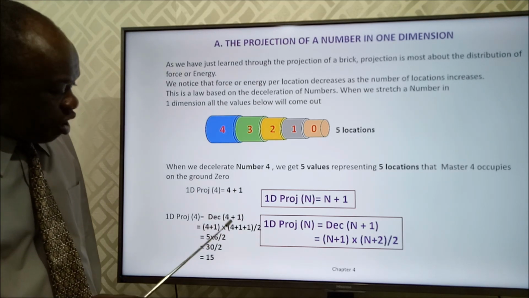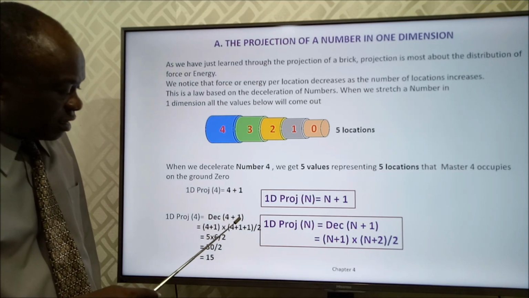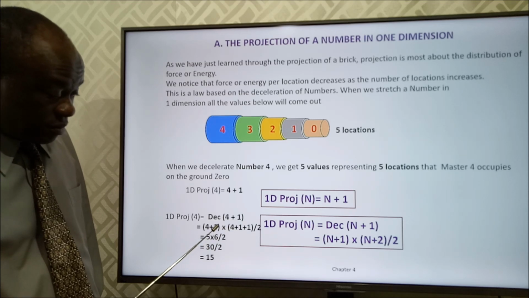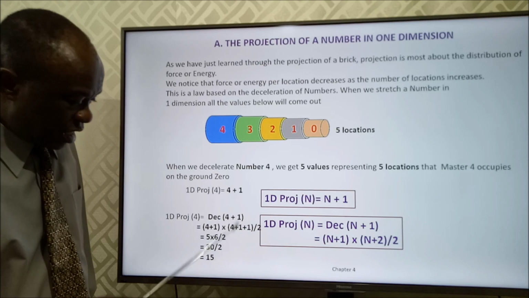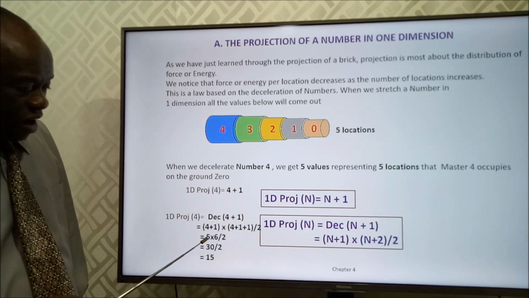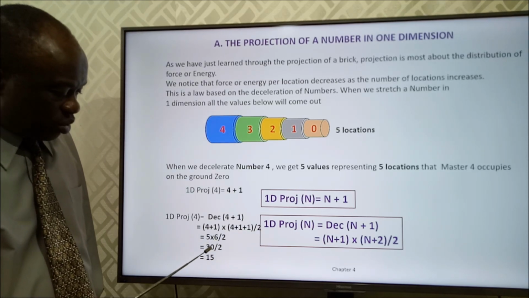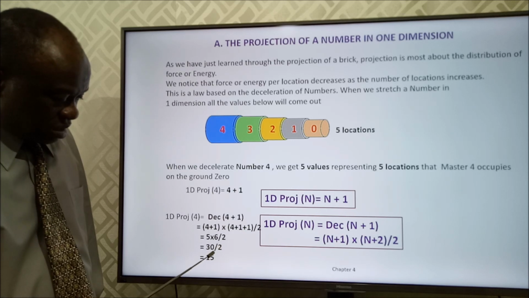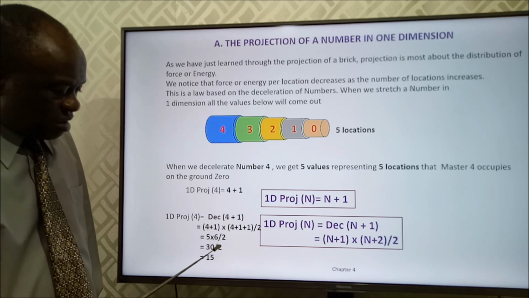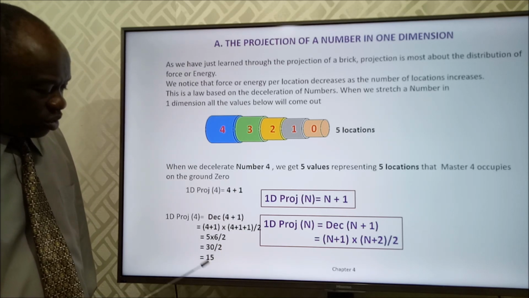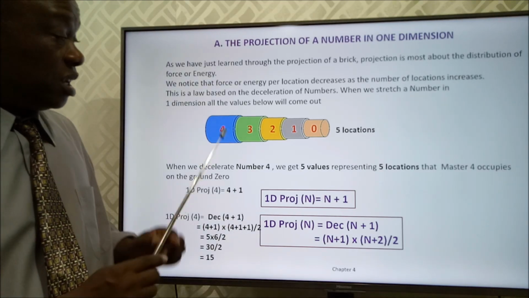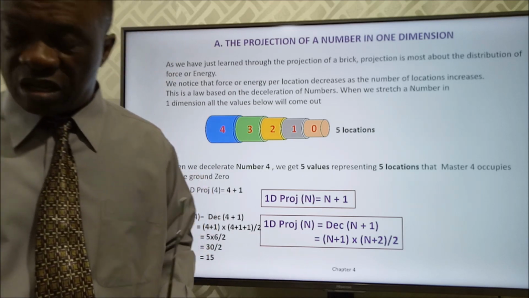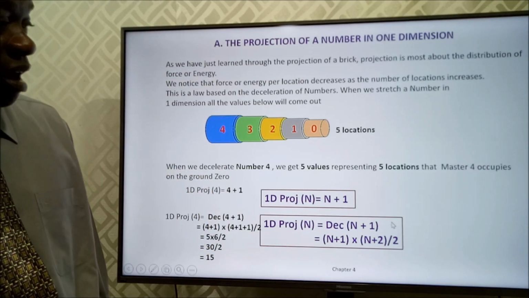The deceleration of 4 plus 1, which is 5, equals 5 times 6 divided by 2, or 30 divided by 2, which is 15. So this is about deceleration of a number.